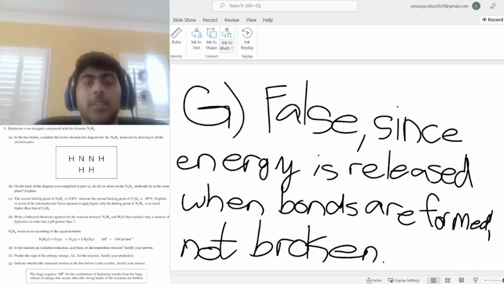That's another reason why this statement is not true, since the bonds in the reactants are pretty weak compared to the bonds in the products. That is why this statement is false, and that is it for this question.